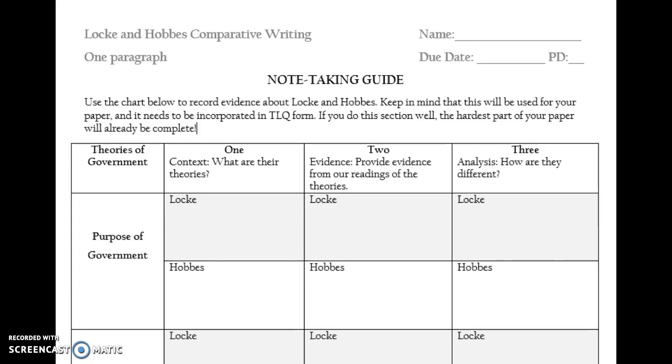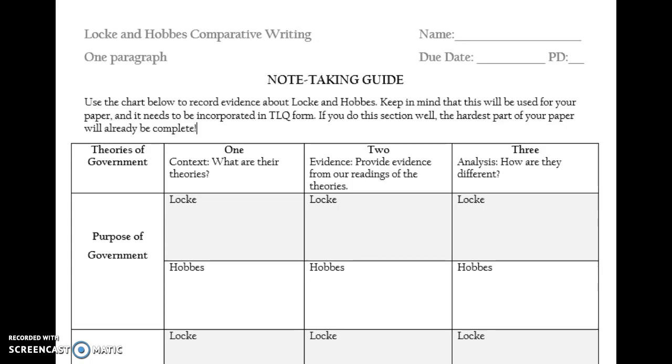Now you're going to get a graphic organizer in the near future in terms of how exactly your essay should be structured. But what I want you to do today is use this note-taking guide and this chart below to track evidence of Locke and Hobbes.